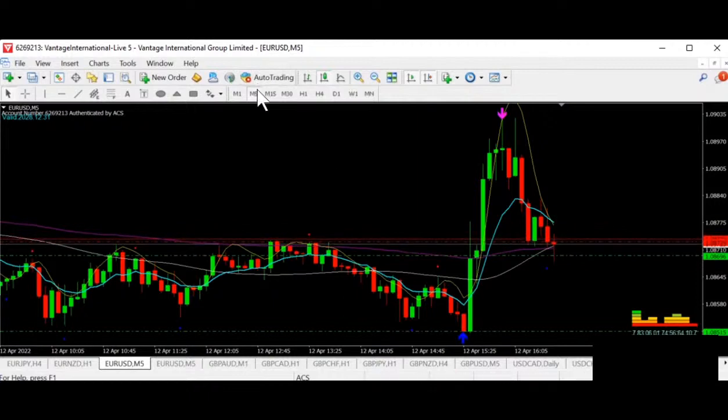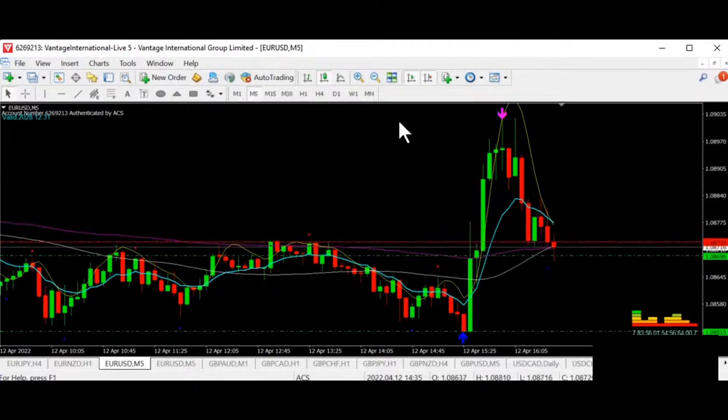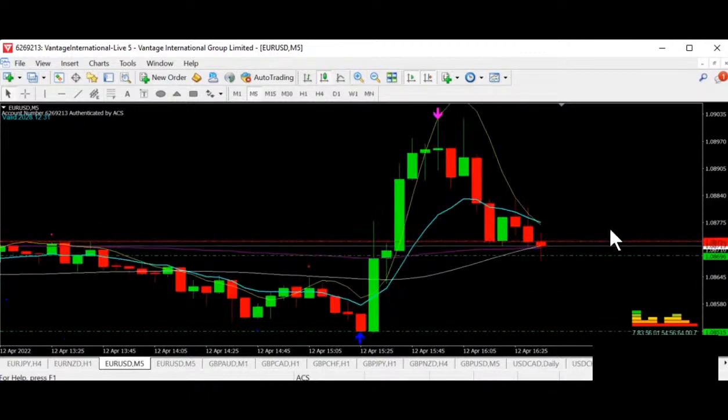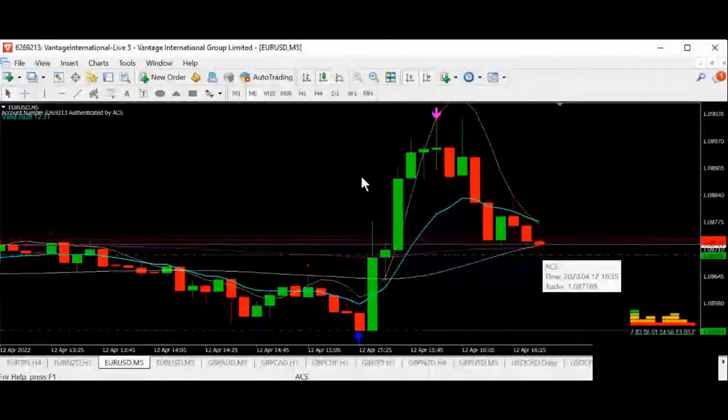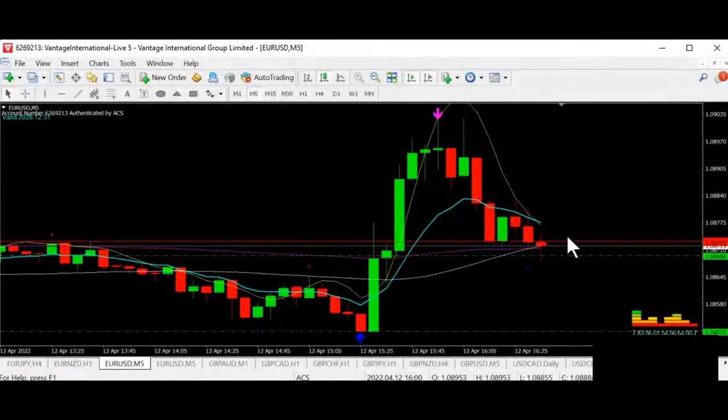Over here, waiting again, it got rejected. Yes, it got rejection. But remember, look at the candle. Where is the candle? Now the candle opens below the support area.